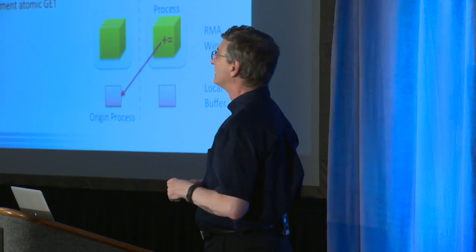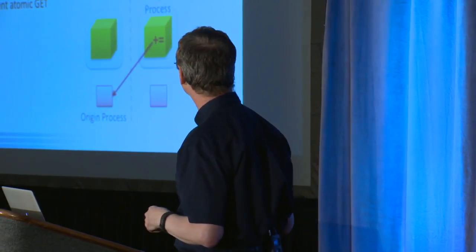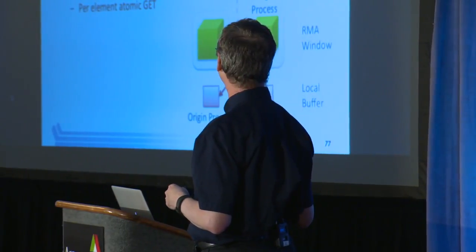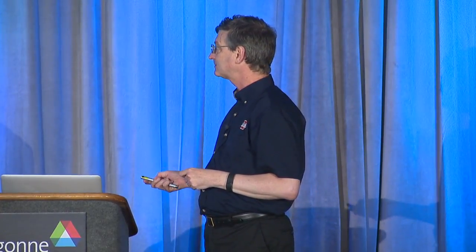And then MPI-3 added the reverse, which is a get accumulate. So accumulate is like a put with an operation. Get accumulate is like a get, but with an operation. Again, only the predefined operations. And you get the original data, then perform the update.